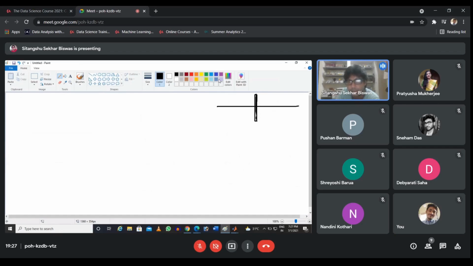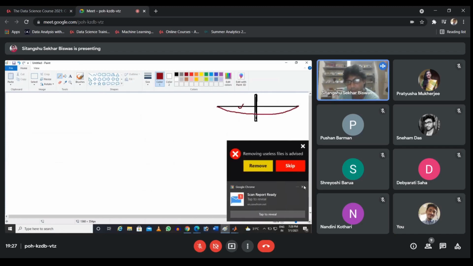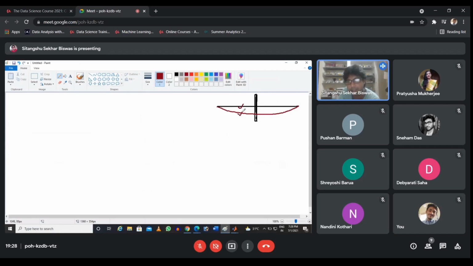In static condition also this will bend slightly. In a very enlarged view of the entire structure, the shaft will be slightly bent like this. This part is your static deflection.